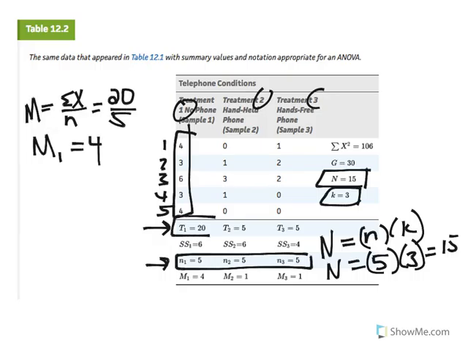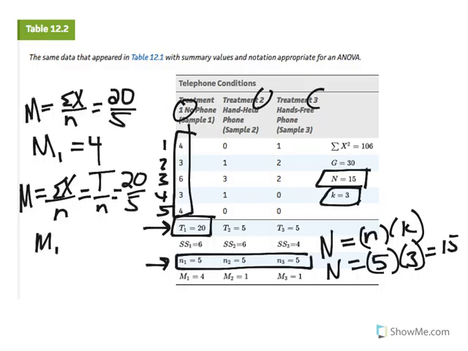So T now represents the sum of X for each individual condition. We could replace that in the equation: the sum of X over N is the same as T over N, which is still 20 over 5, and we get our mean equal to 4.